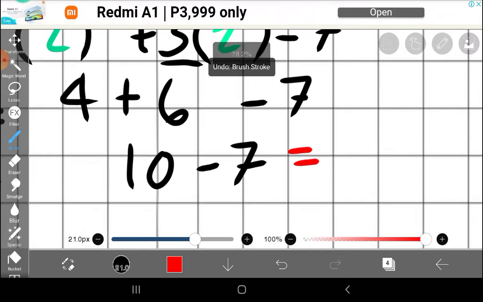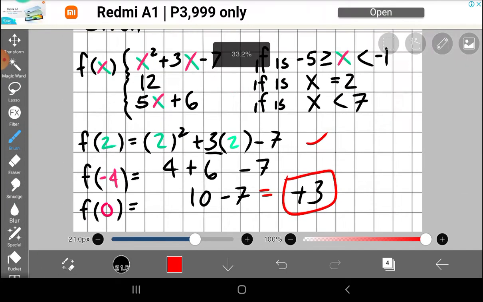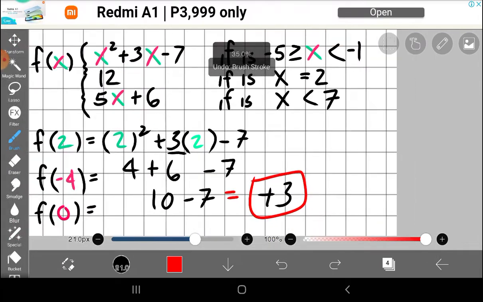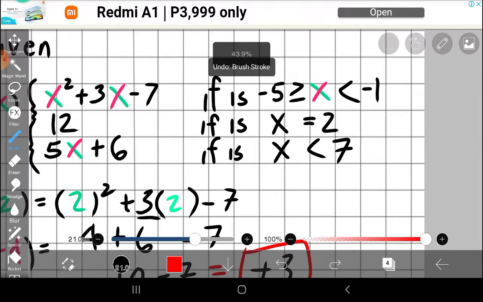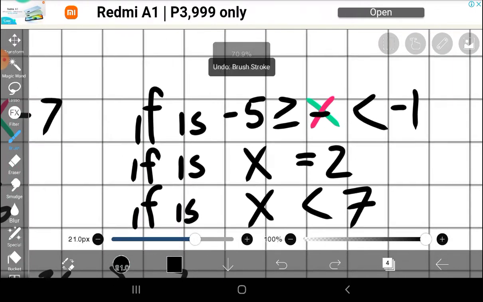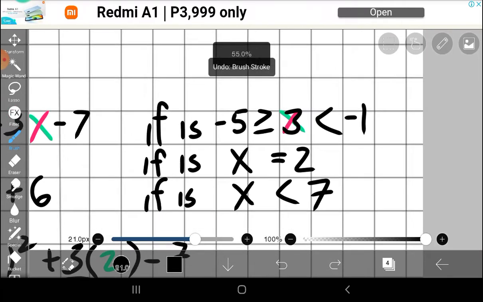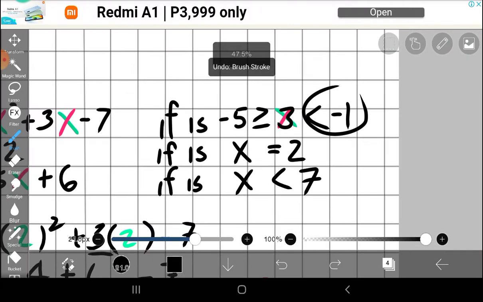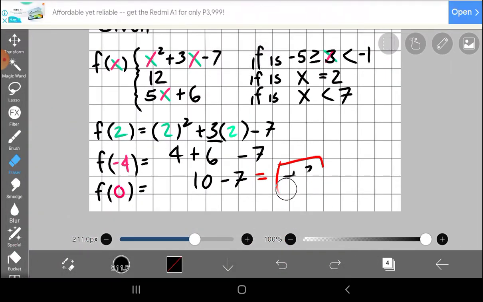Equal to positive 3. That's the answer on our first question. So let's see if it's correct. So it's not, because it says here it should be more. Positive 3. See, this 3 is higher than both sides. So let's try other equation.